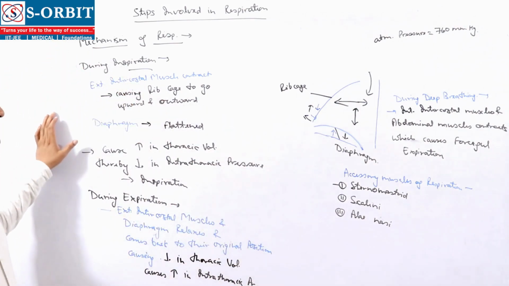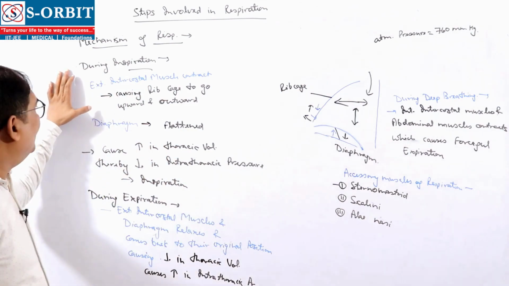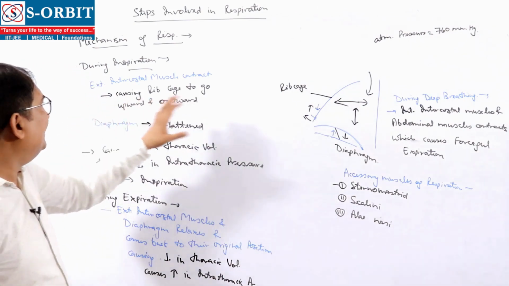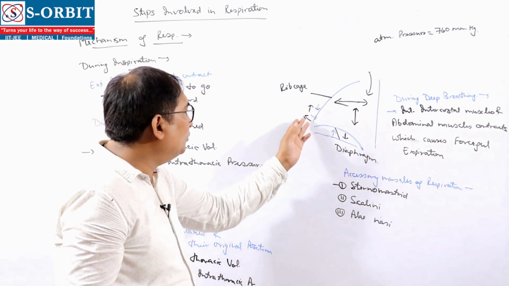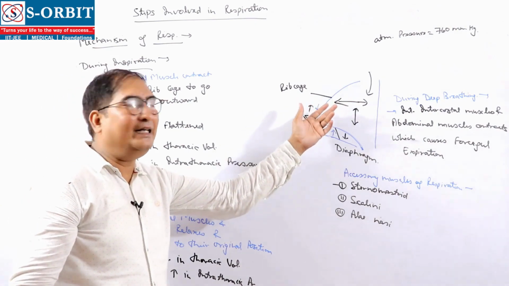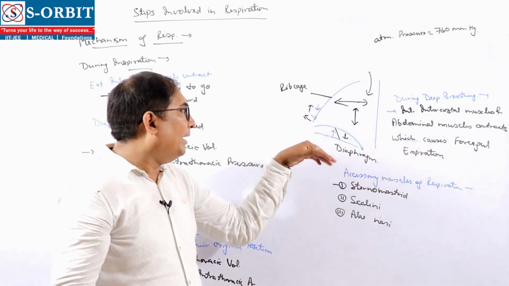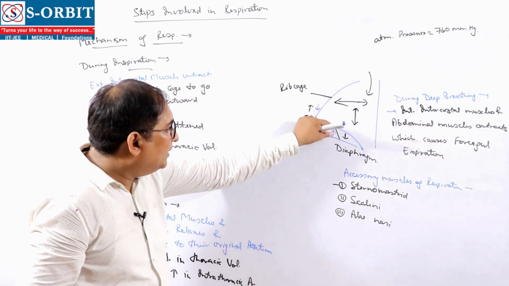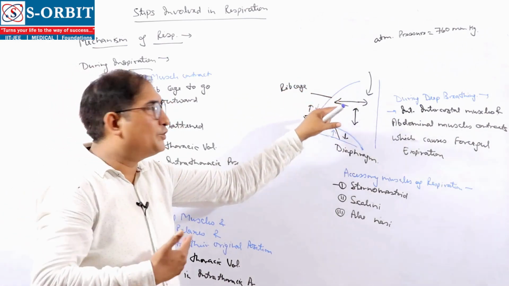Now this is the mechanism of respiration. Let us brief it out. During inspiration, two muscles, the external intercostal muscles and the diaphragm, contract. When the external intercostal muscles contract, the rib cage goes upward and outward, thereby increasing intrathoracic volume in the dorsoventral axis, while the diaphragm contracts and becomes flattened from its dome shape, causing the thoracic volume to increase in the anteroposterior axis.